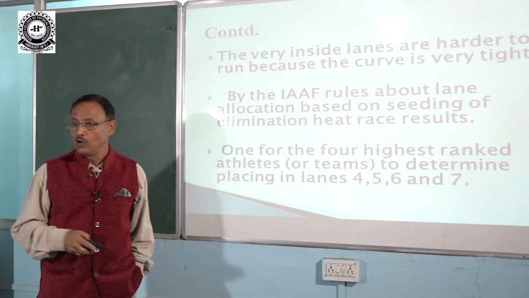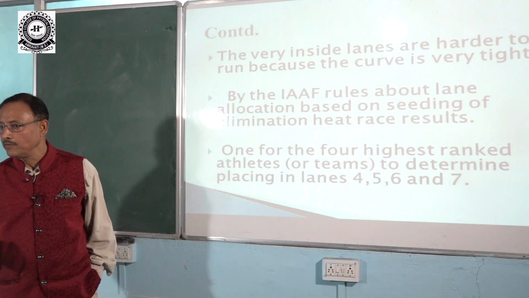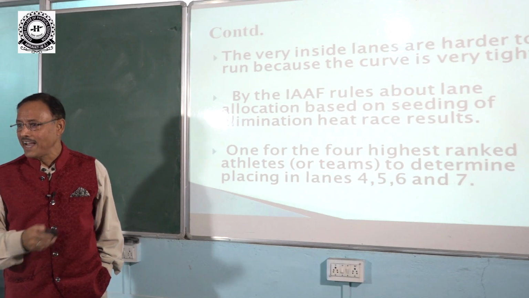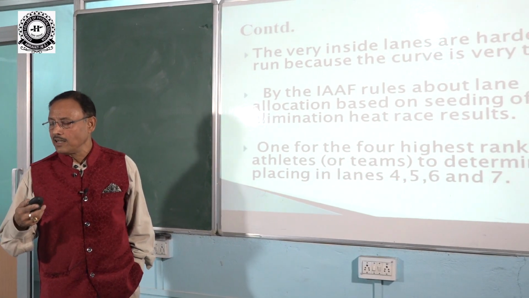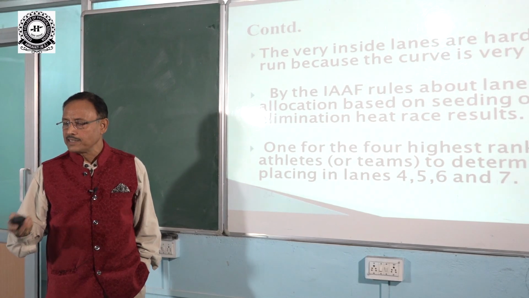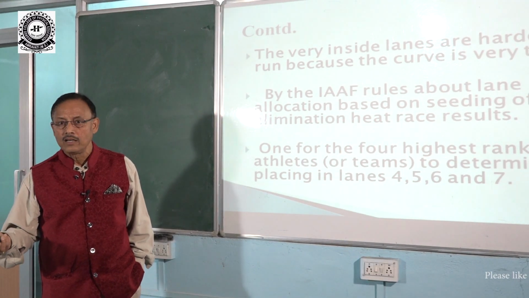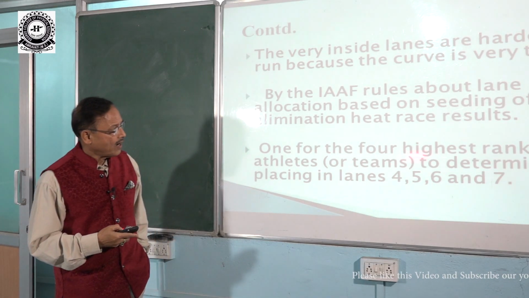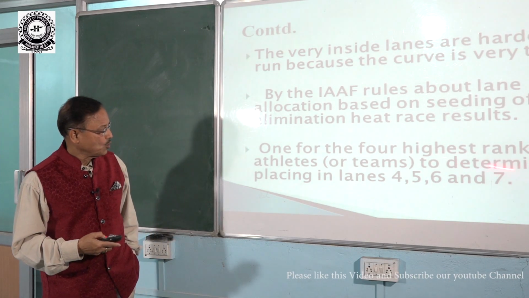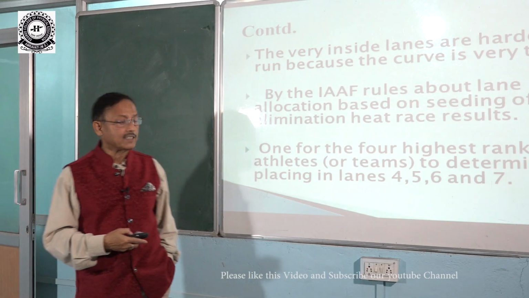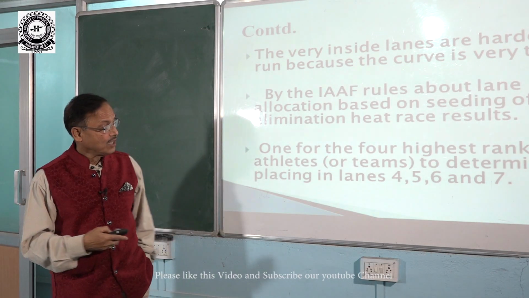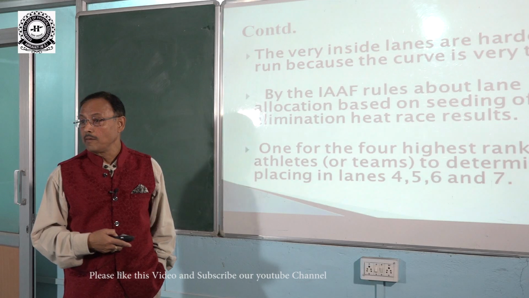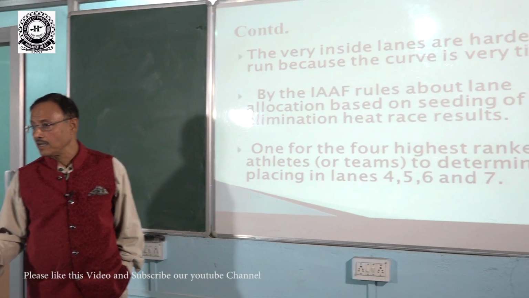As I told you before, the 4th, 5th, 6th, 7th lanes are given to them first, and then the 6th, 7th, 8th are given, and the 7th, 8th and 9th to the next phase of athletes. One group is for the 4 highest ranked athletes to determine placing in lanes 4, 5, 6 and 7. If there are 9 lanes, up to the 7th are given to the best athletes ranking 1st, 2nd, 3rd, 4th.